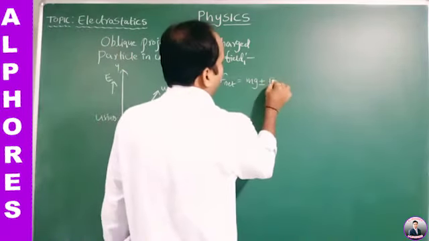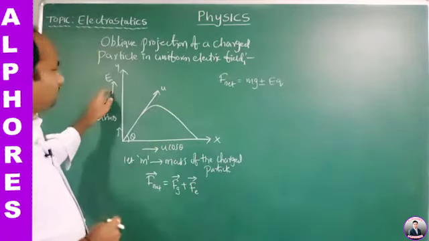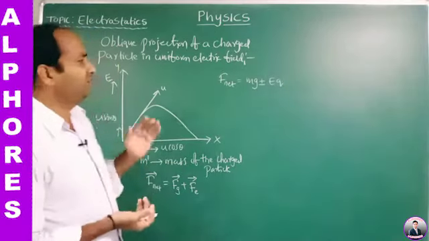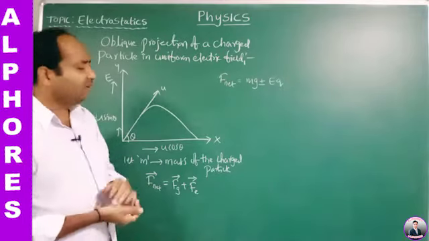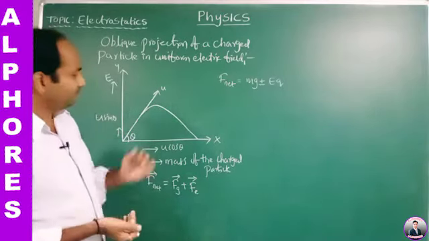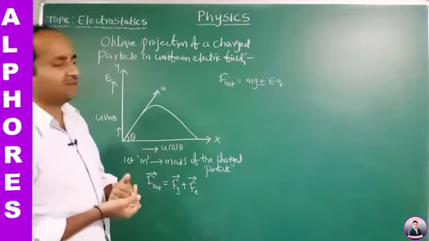So mg plus or minus Eq. When should we take the positive sign and when the negative sign? Always the gravitational force acts downwards, towards the center of the earth. The direction of gravitational force is towards the center of the earth.